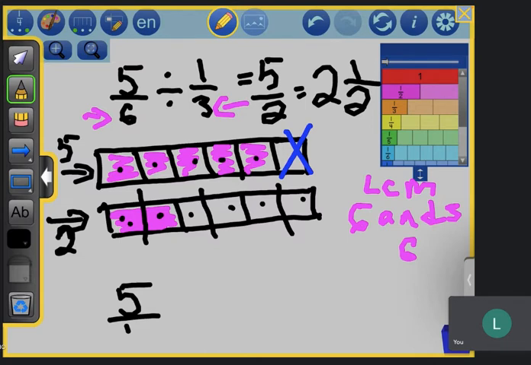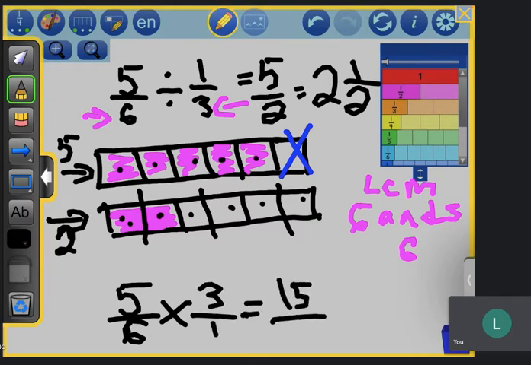So we have 5/6, so keep, change, flip, and we have 15 over 6. And again, this could also have been canceled out. But just to go the long route, if you're not sure how to cancel out, 15 divided by 6 is 2, and that's 12.